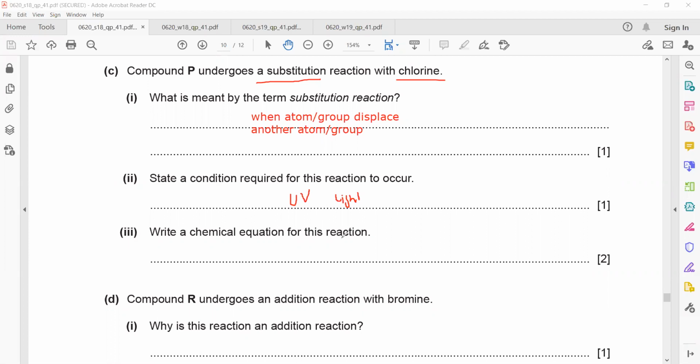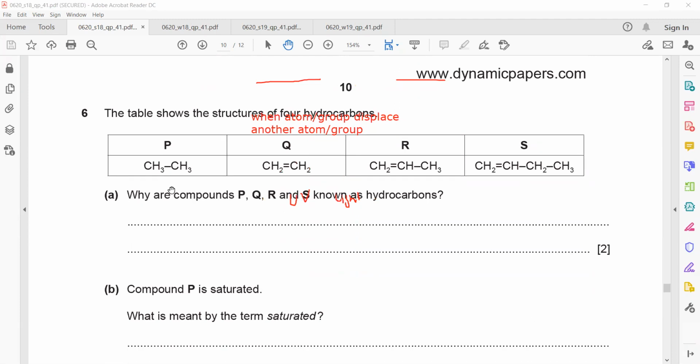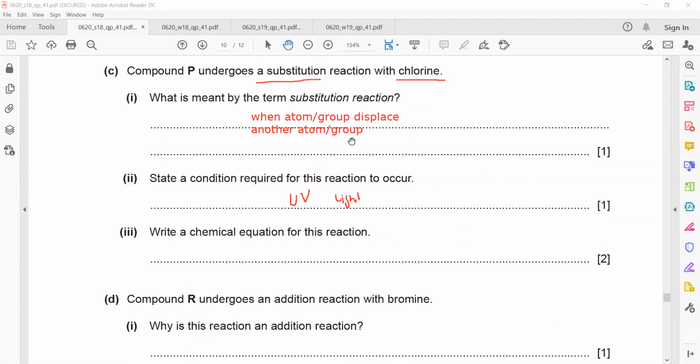Then write a chemical equation. So P is what? P is ethane. So ethane undergoes substitution reaction. Ethane is C2H6 and it reacted with chlorine. I told you when a substitution reaction occurs, one chlorine will enter and one hydrogen will be replaced. And you just have to write only one equation because they did not say write equations, only equation.